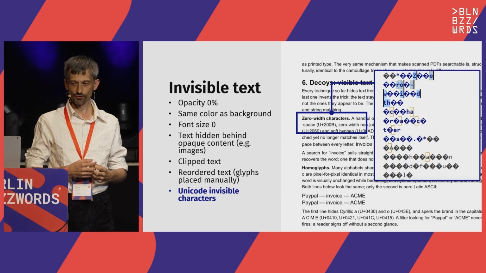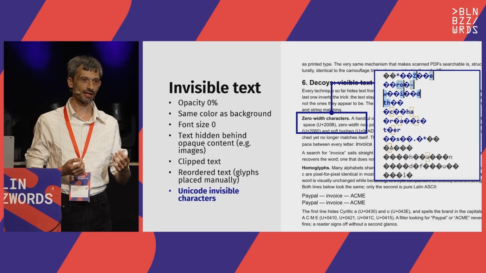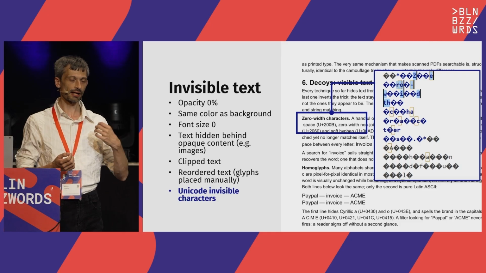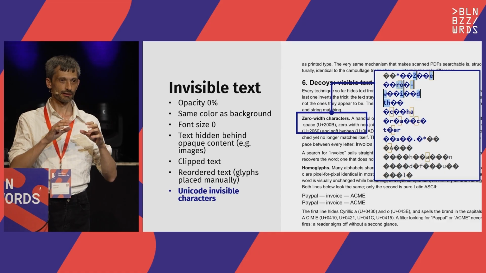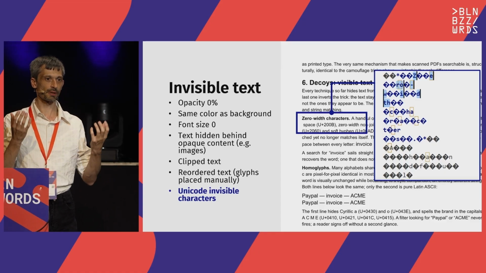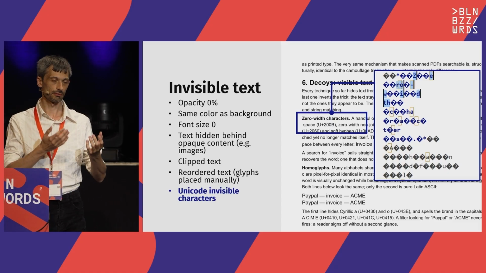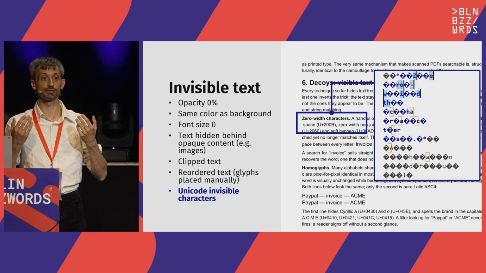Also, we have homoglyphs, so characters that resemble exactly an A or a B, but actually come from different languages. So the visible output is the same, but the meaning when using it with LLMs, with tokens, might be totally different.